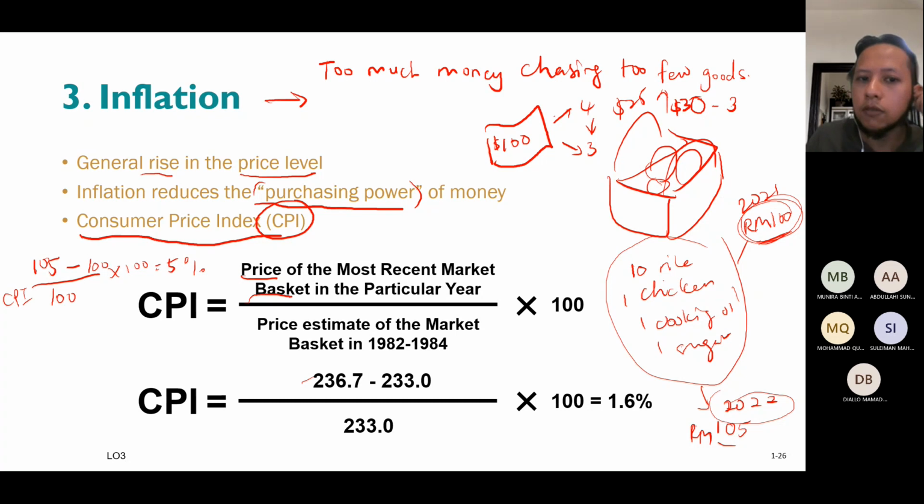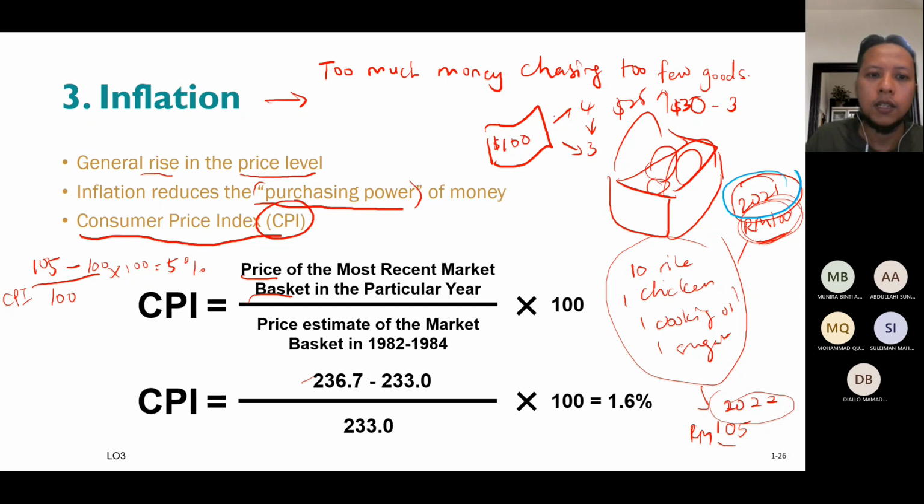Usually you can have a CPI that is based on the previous year, or it can be based on what they call a base year. Maybe 2021 can be the base year, and for each of the next five years we base our CPI on the numbers of 2021, not the previous year.